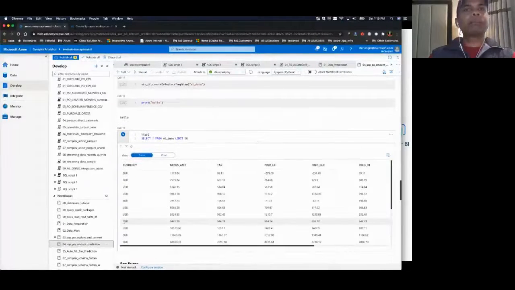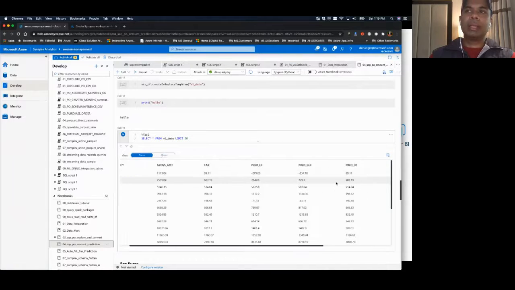Now, again, this is a very simple part where I'm also looking at, for this particular currency, if this is a gross amount and these are the taxes that we're looking at, what are the predicted scores based on my linear regression or GLRs or decision trees or some of the GBTs that we applied, right?